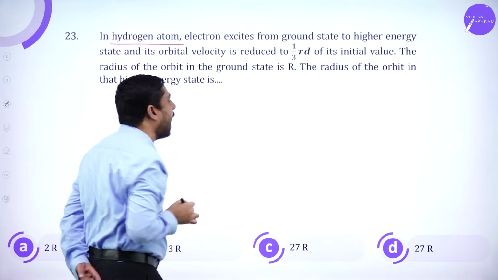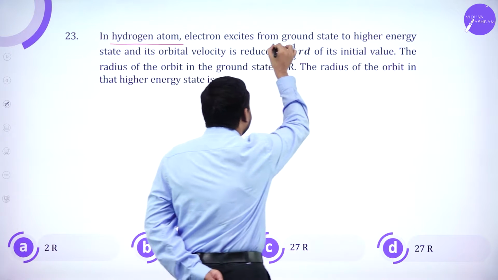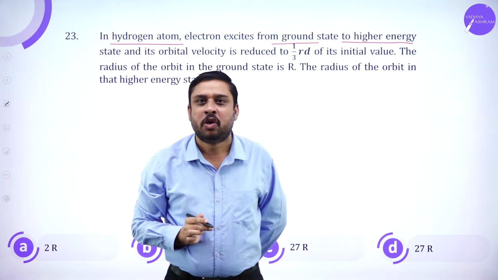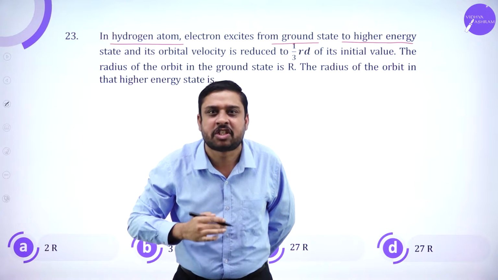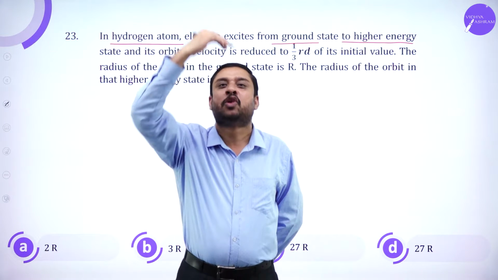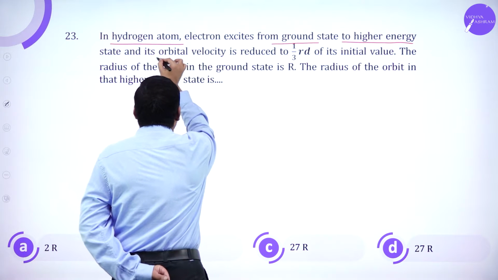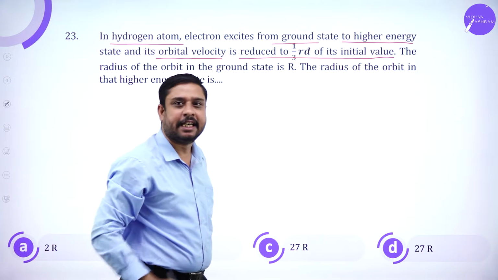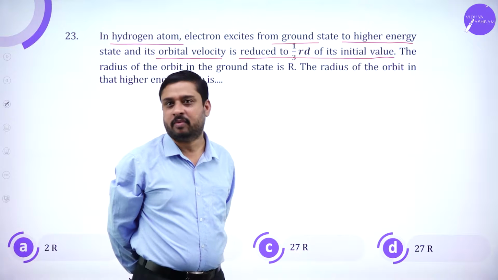In hydrogen atom, electron excites from ground state to a higher energy state. Excitation is happening from the ground state to the higher excited state, and the orbital velocity reduces to 1/3 of the initial value.